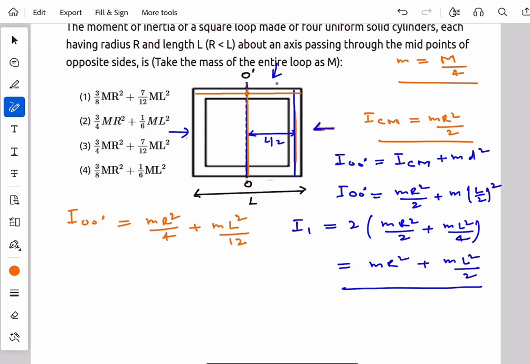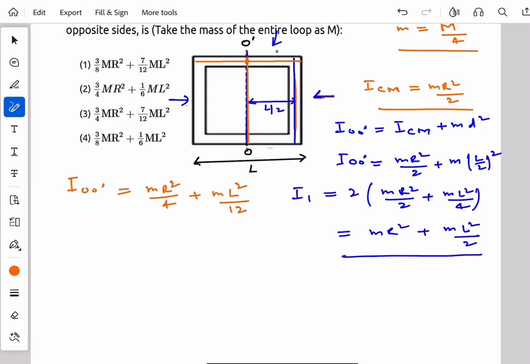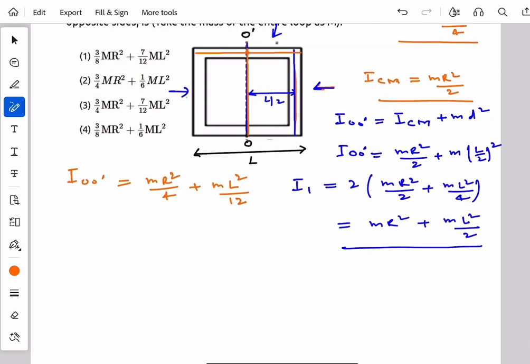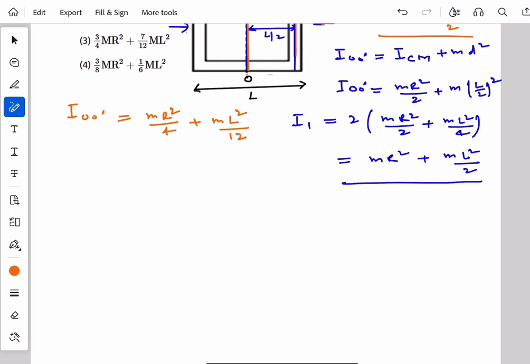Due to symmetry, the moment of inertia of the top cylinder and the bottom cylinder about the axis O dash will be equal. So total moment of inertia of the top cylinder and the bottom cylinder about axis O dash, let's call it I2, is twice of moment of inertia of the top cylinder.